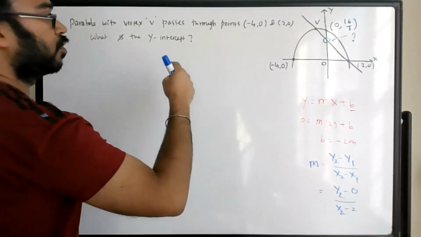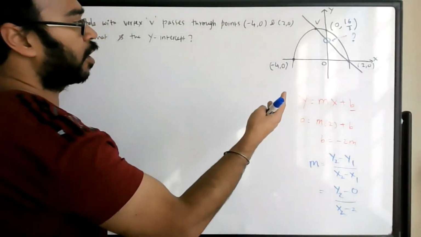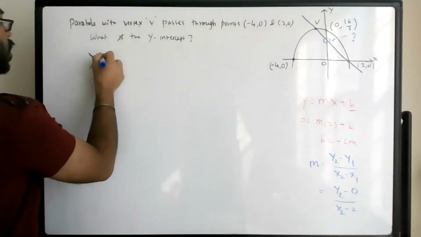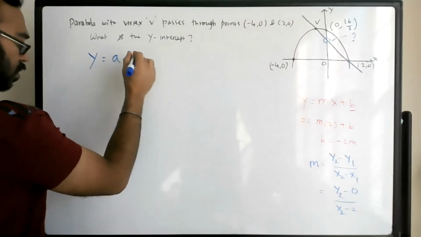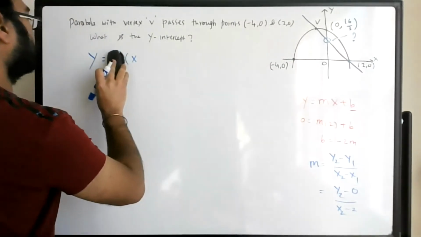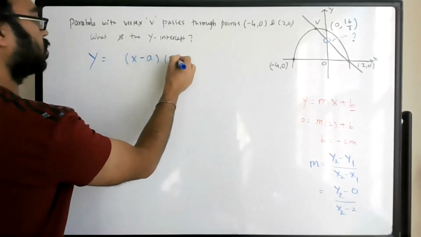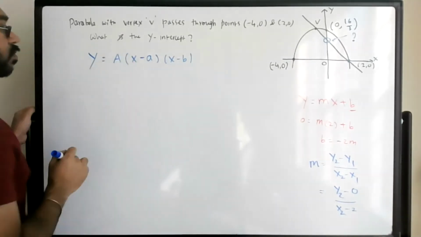If you know anything about a parabola, it has a vertex form and also an intercept form. So I'm going to use the intercept form. Again, what is the intercept form of the parabola? Let me use a different letter here: y = A(x - a)(x - b). I'm going to use a capital A here.